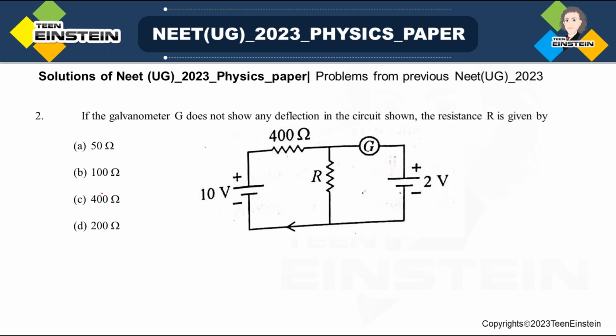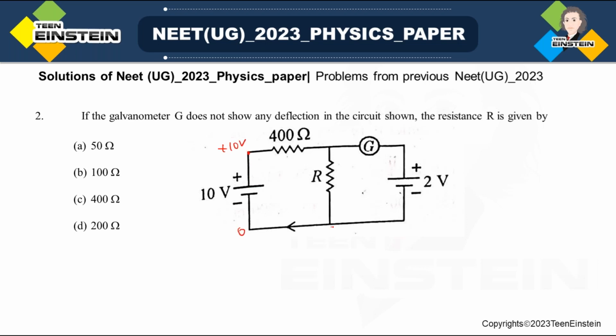Look here, if there is no current in this particular branch, then it means that the potential difference across it is 0. So look, if I write the potential at its junctions, you can see at this particular position it will be plus 10 volt.